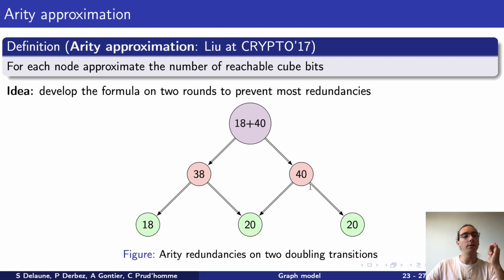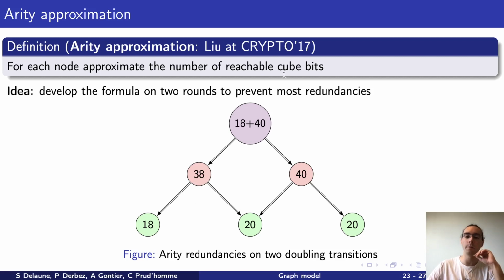To use this strategy, we'll use the arity approximation introduced at Crypto 17 by Liu. The idea is for each node, we will try to approximate the number of cube bits we can reach from this node.